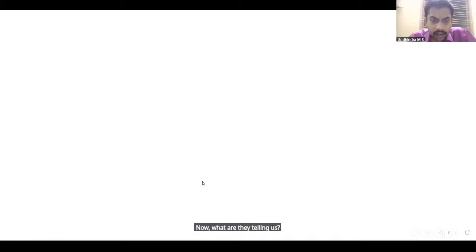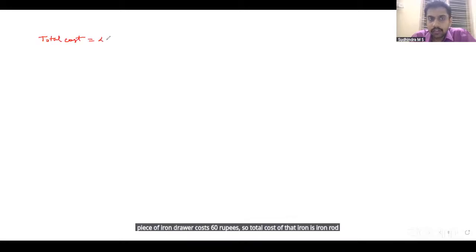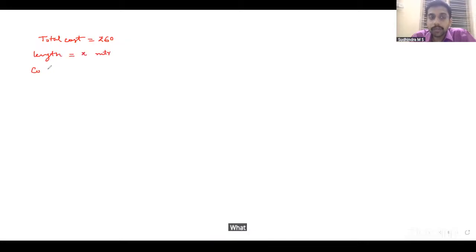Fine. We'll discuss how we are getting this. Now, what are they telling us? A piece of iron rod costs 60 rupees. So the total cost of that iron rod is 60 rupees. If I consider the length of the rod as x meters, what would be the cost per meter? 60 by x. Correct, Sana?